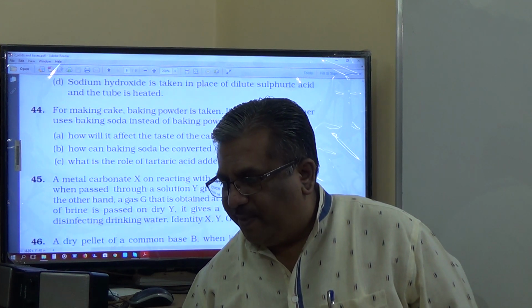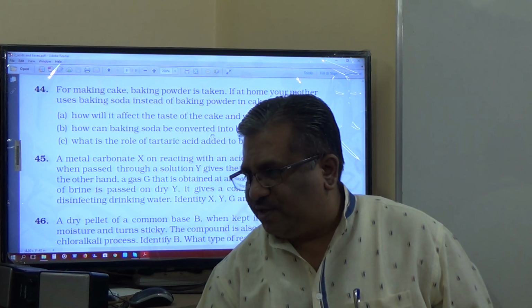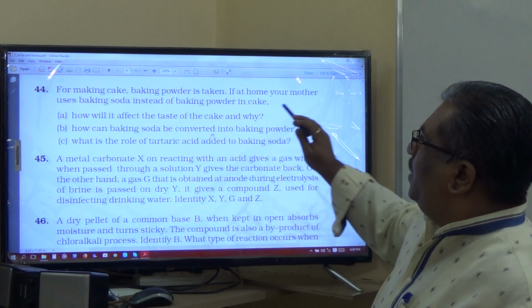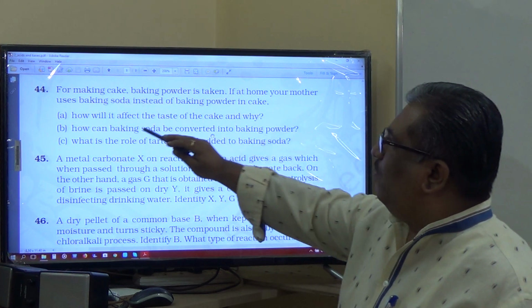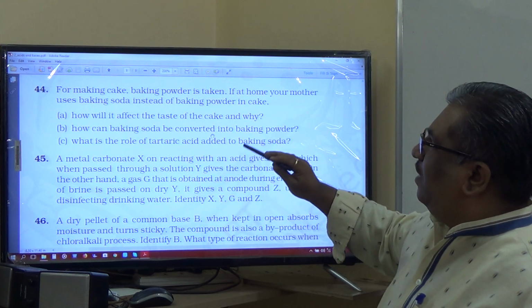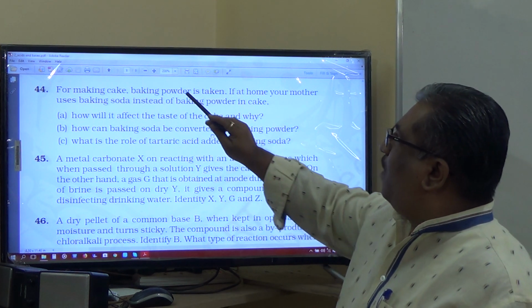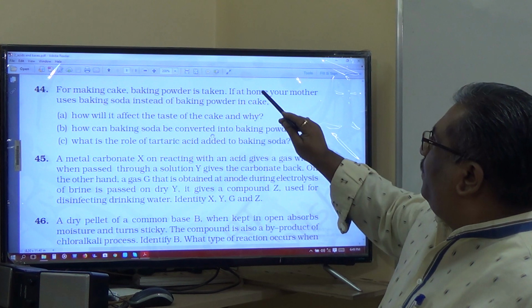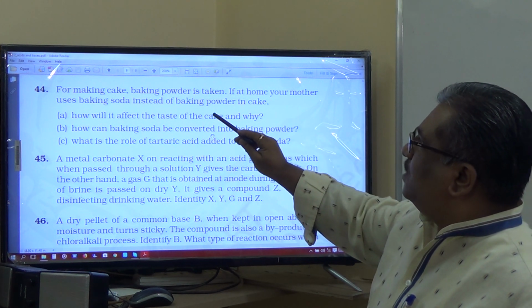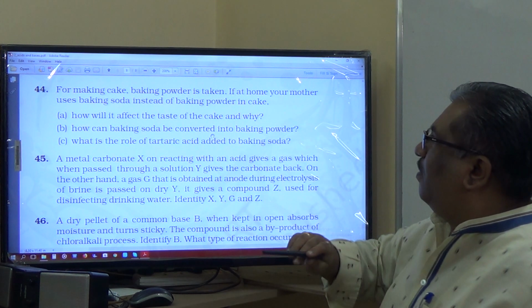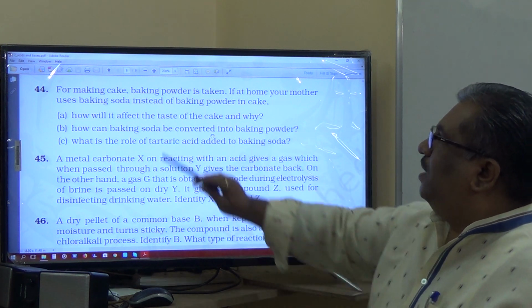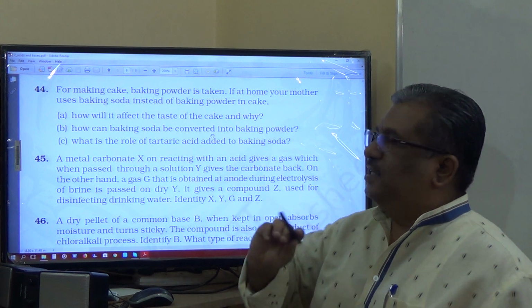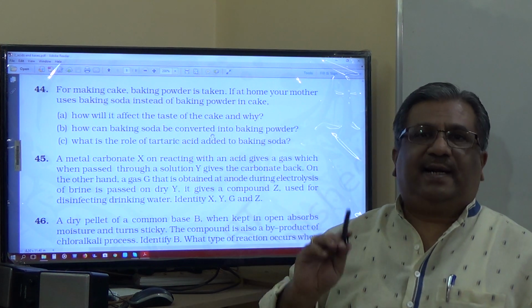Next, for making cake, baking powder is taken. If at home your mother uses baking soda instead of baking powder in the cake, how will it affect the taste of the cake and why? Baking powder is a mixture of baking soda and tartaric acid.